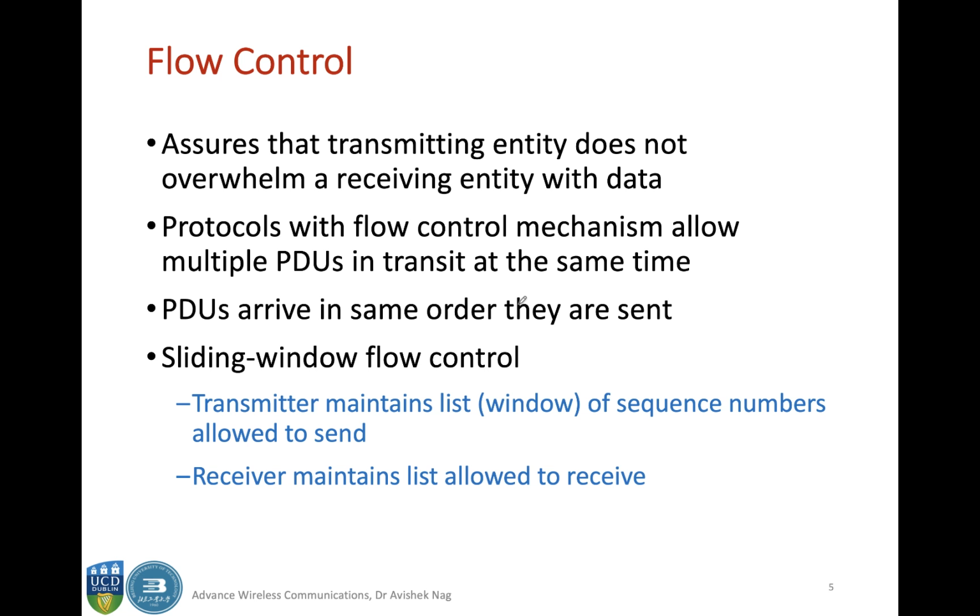Then the protocols that employ this flow control mechanism allow multiple PDUs in transit at the same time, and the PDUs arrive in the same order that they are sent, and then you have a sliding window flow control. What does that mean? This means that the transmitter maintains a list of sequence numbers allowed to be sent, and the receiver maintains a list allowed to receive.